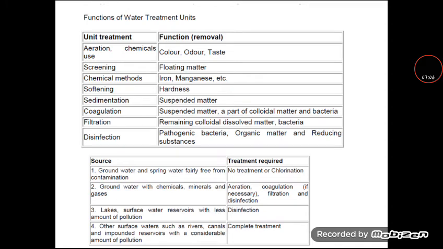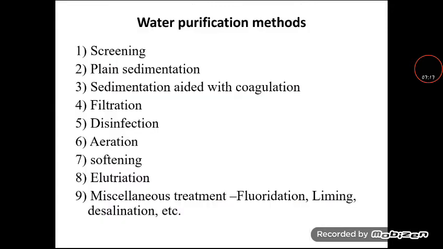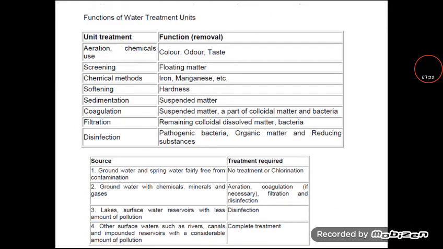If it is polluted with pathogenic bacteria, then it requires the disinfection process. If it is water from a river or canal, then it requires complete treatment. Complete treatment is the set of treatments we have discussed, that is preliminary, primary and secondary treatment.